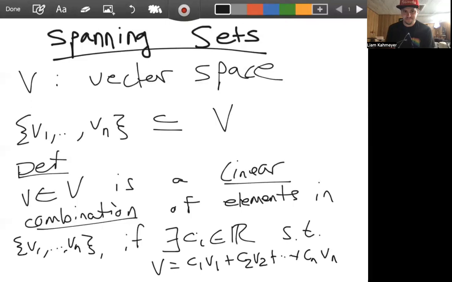We had this definition when we had vectors in Rn, right? But now we're just looking at an arbitrary vector space, V.